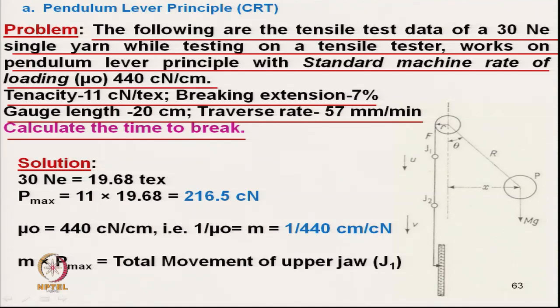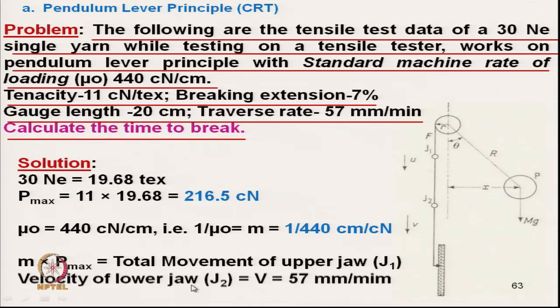Okay. So, m multiplied by P max comes out in centimeter. So, 216.5 divided by 440 will be the total movement of the upper jaw.